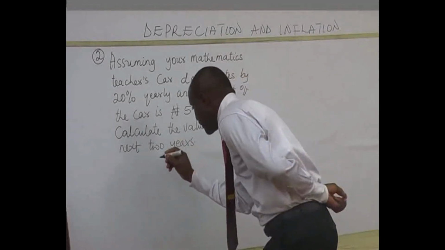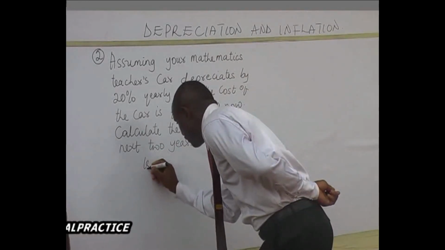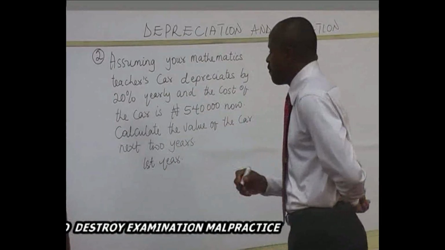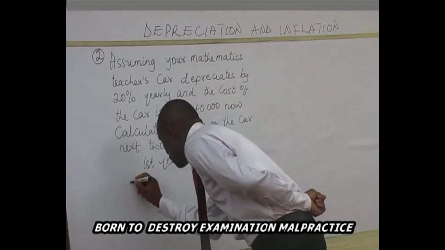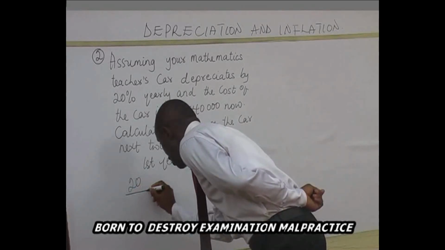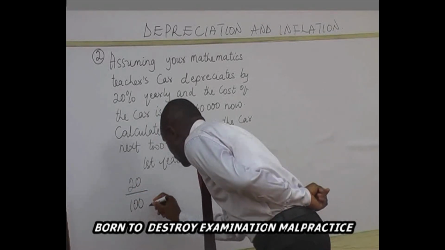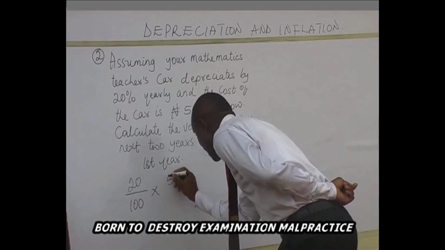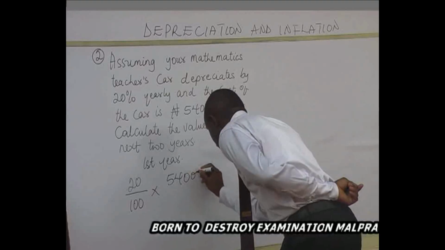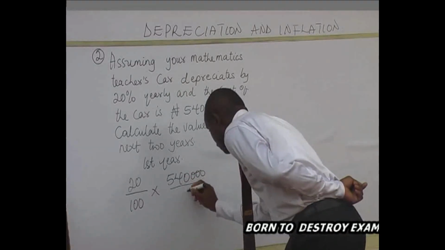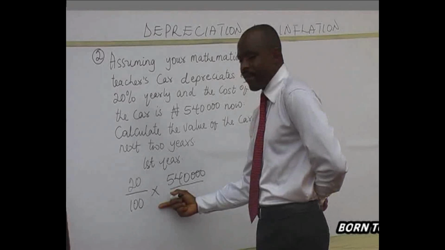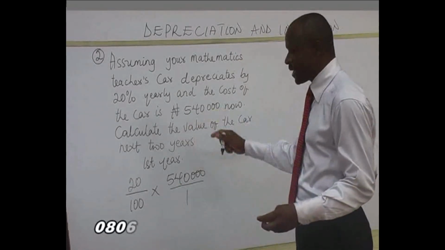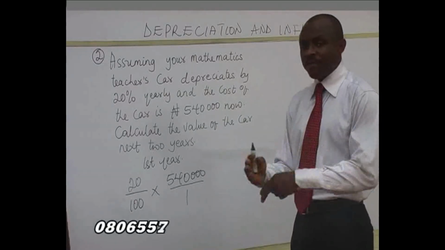So let's go by first year. In the first year, that is going to be 20 all over 100 of the value, 540,000. Whatever you get after evaluating this, subtract it from 540,000. It will give you the value after 1 year.